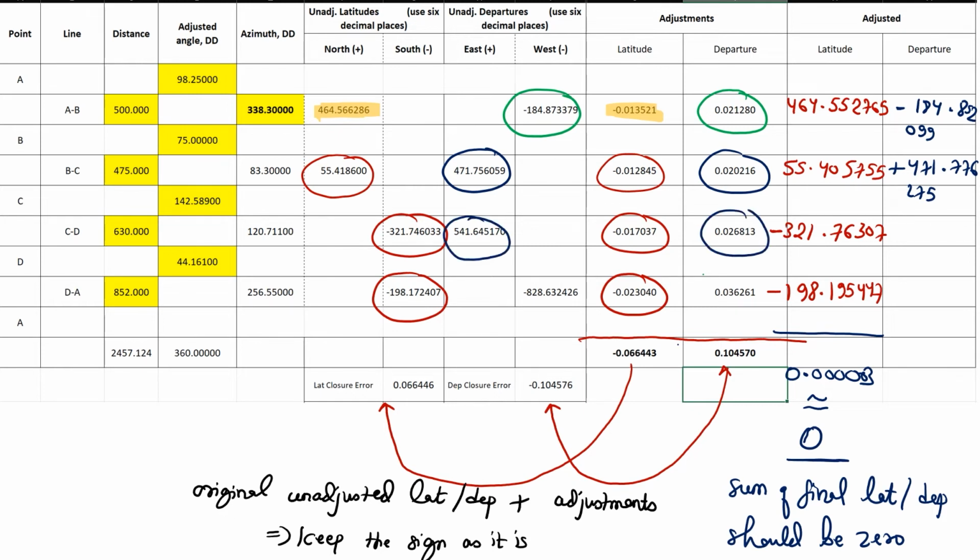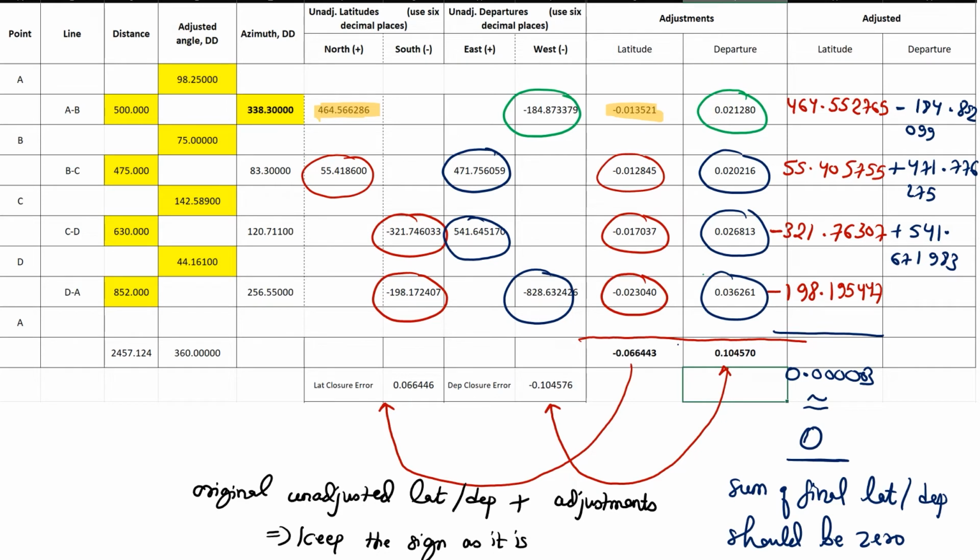Again, take this and add this. So 541.645170 plus 0.026813. This will give you plus 541.671983. So you take this and add this.